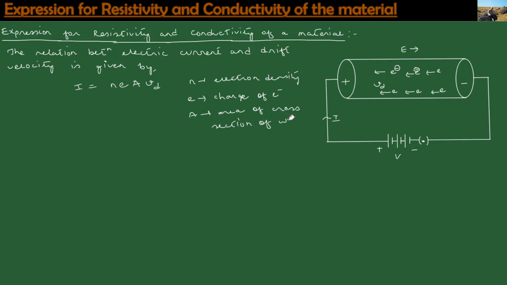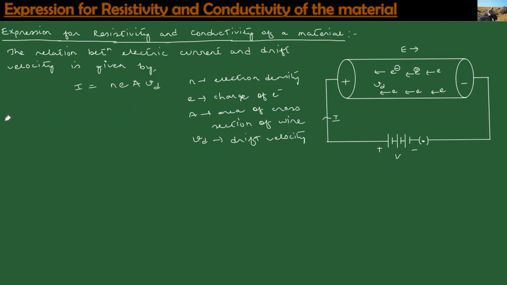And Vd is the drift velocity of those free electrons.